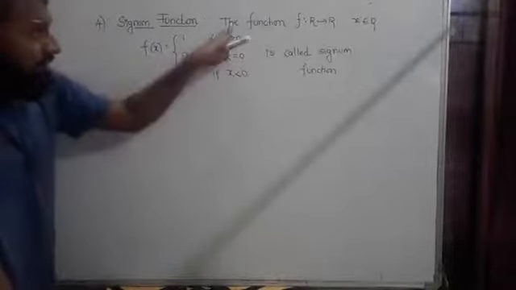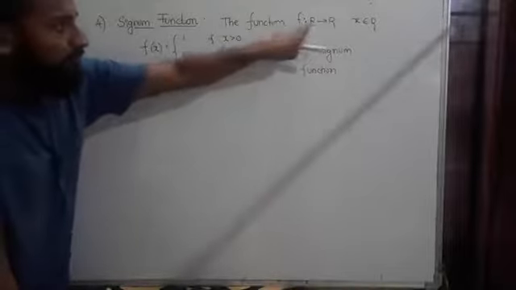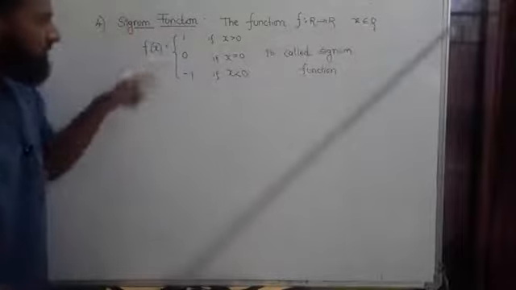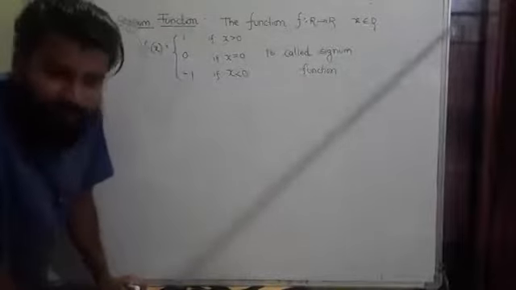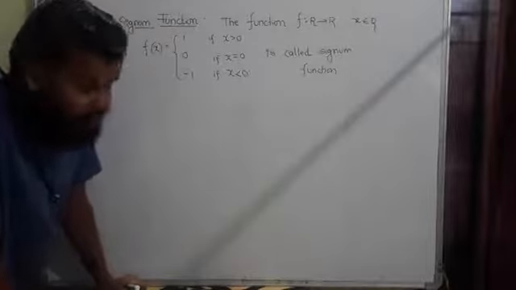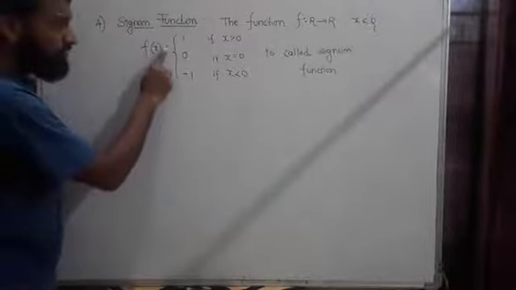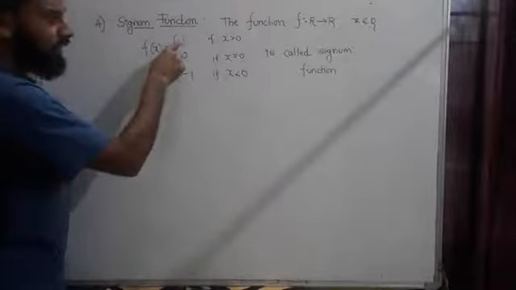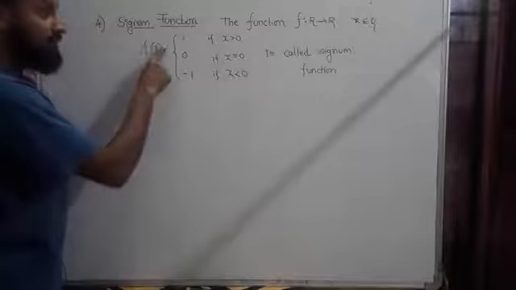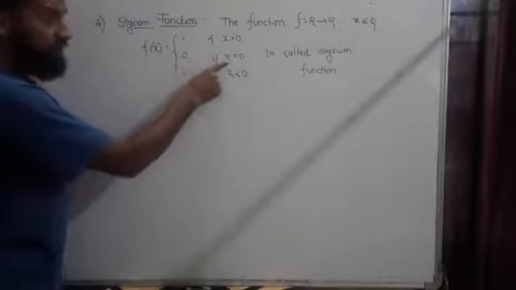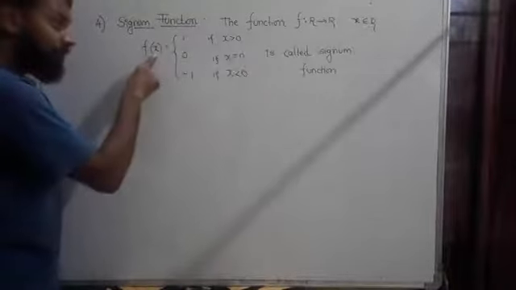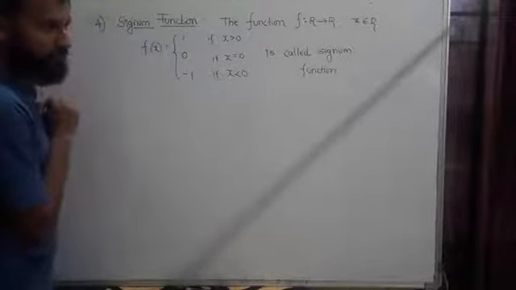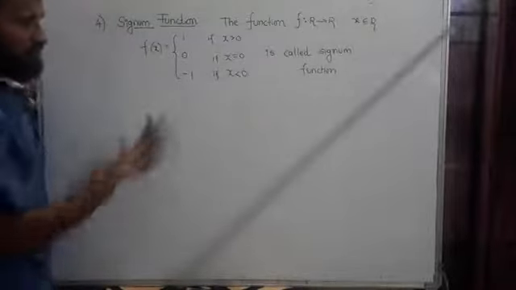The definition says the function f from real number to real number, where x belongs to real number, f of x is equal to, it's again a conditional function. f of x is equal to 1 when x is greater than 0, f of x is equal to 0 when x is 0, and f of x is equal to minus 1 if x is less than 0. This is called a Signum function.